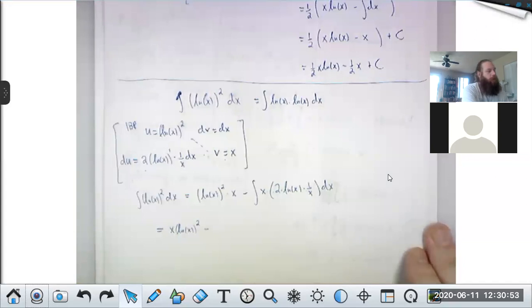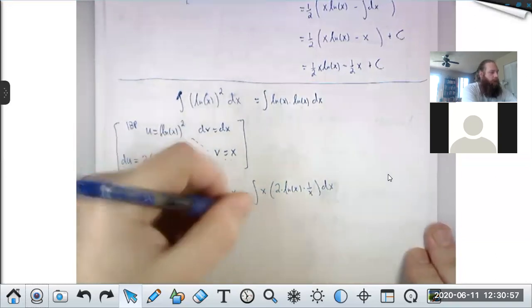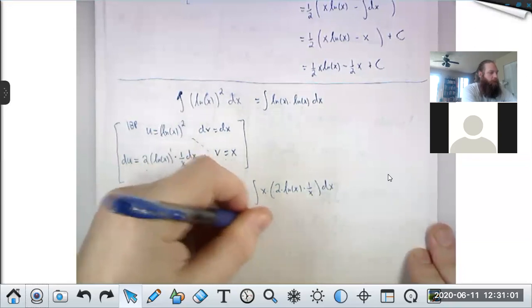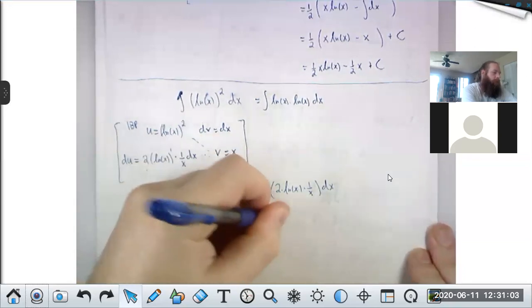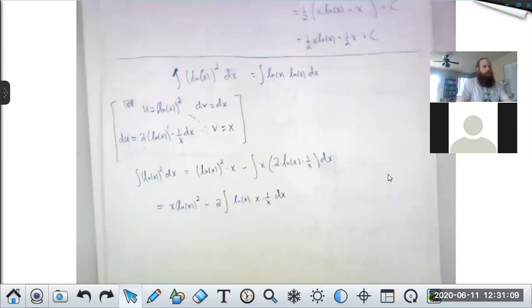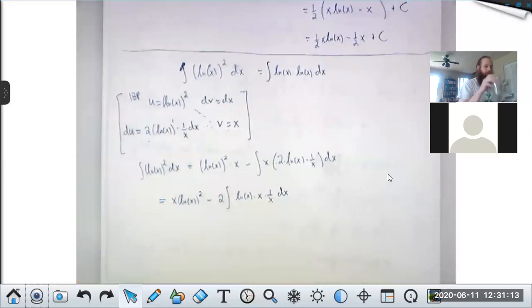Which means the 2 can come out. And then I have ln x times 1 over x dx. That multiplication can be done in whatever order you want. So just like in the last problem, the x and the 1 over x cancel out, so we're just left with the integral of ln of x. Yeah, exactly.